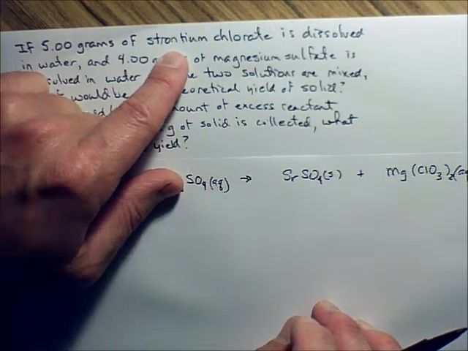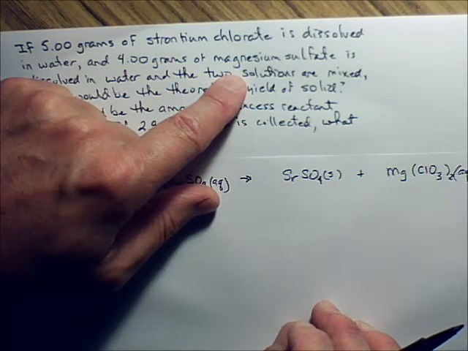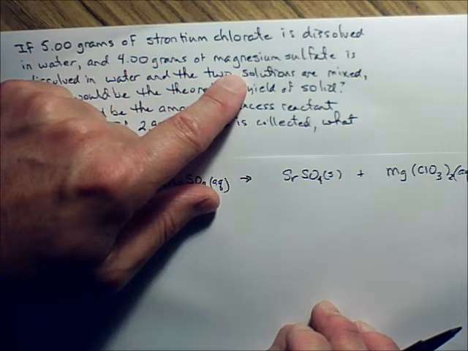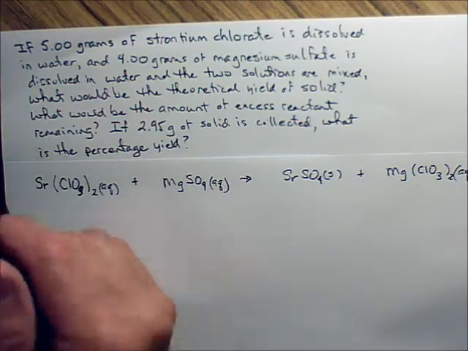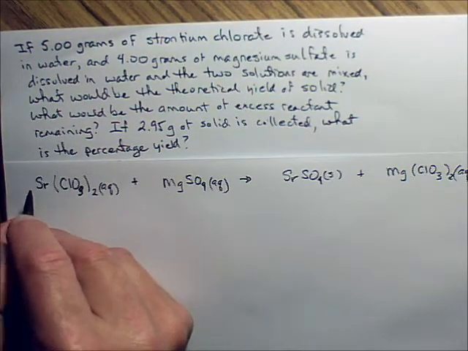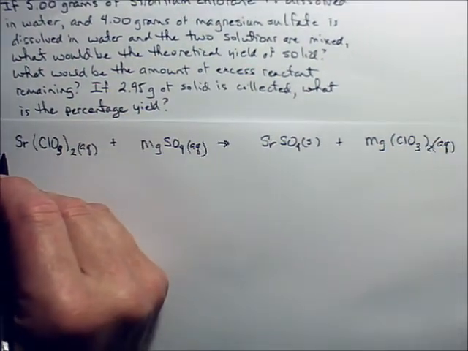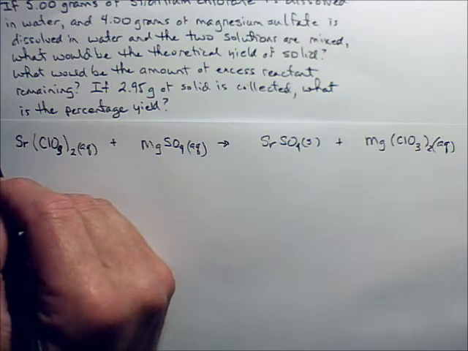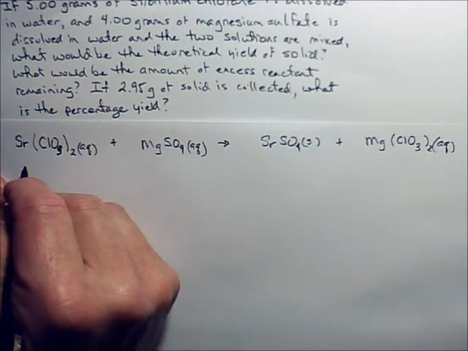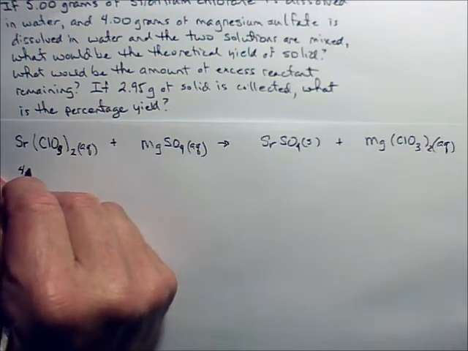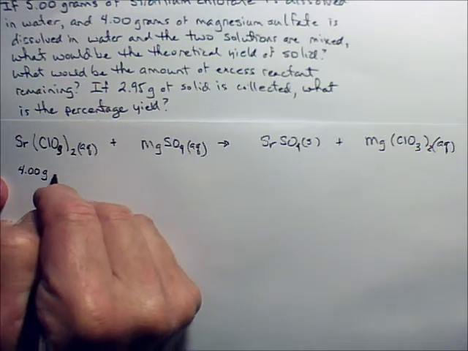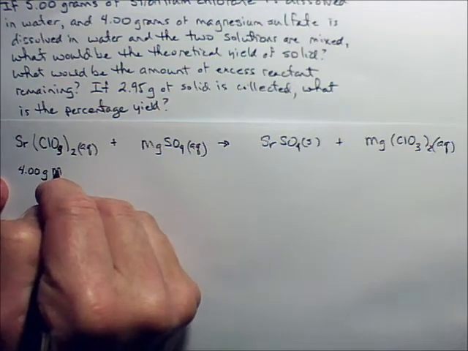All right, everybody for magnesium sulfate, raise your hand. 4. All right, magnesium sulfate has it. We're going to get the same answer. I know. All right, we're going to start with 4 grams of magnesium sulfate.